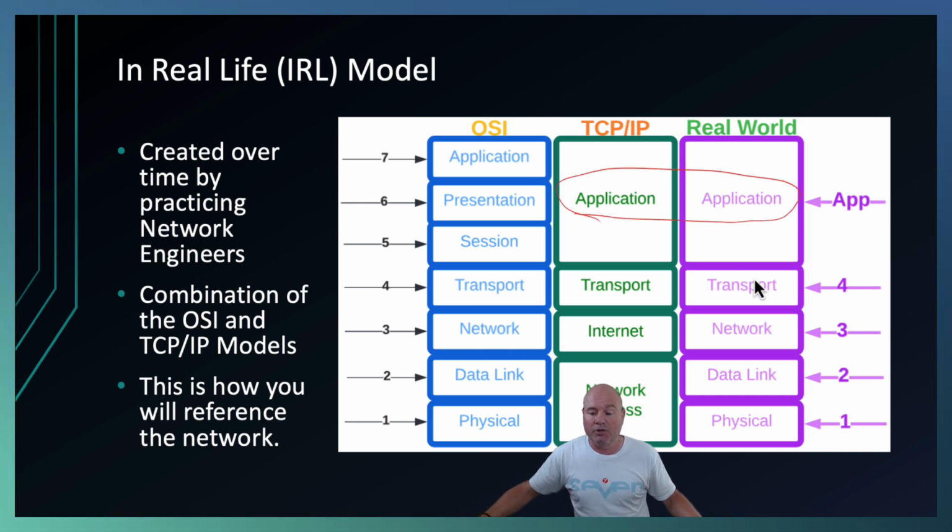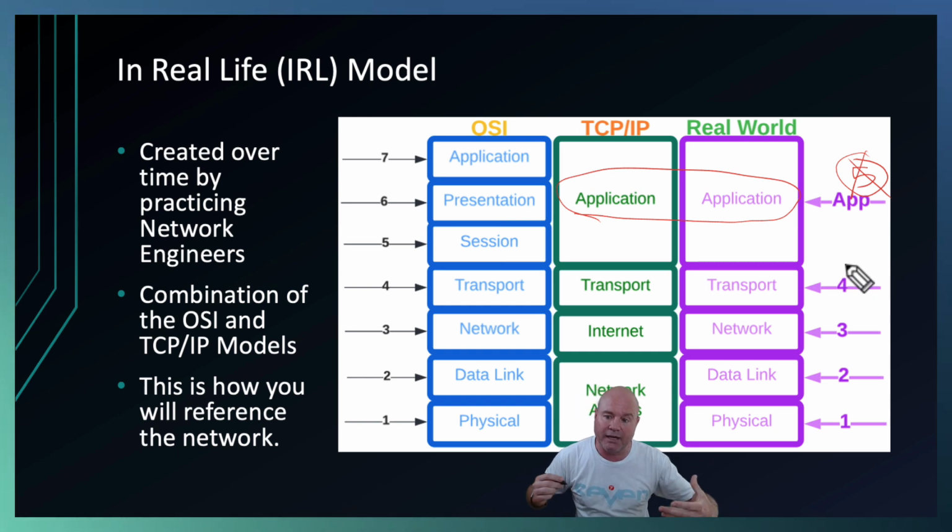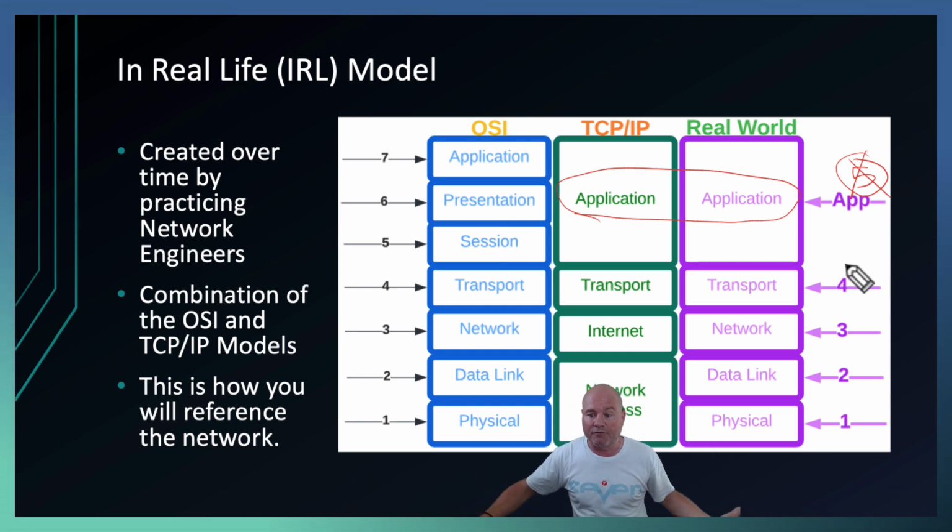Now, you might notice that we have 5 total layers over here in the IRL: 1, 2, 3, 4, and this would be called 5. We don't call this layer 5. It's just the application layer. So don't think, I could just call that layer 5. In real life, we don't actually say layer 5.